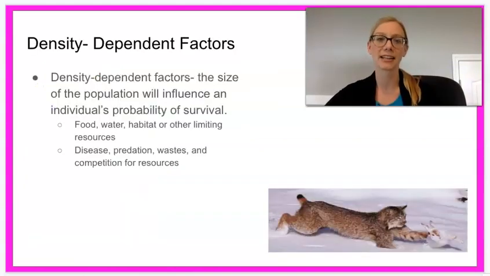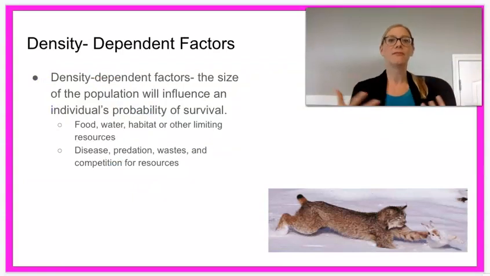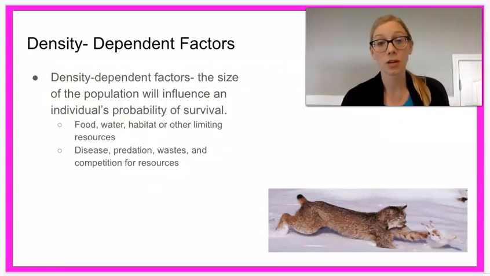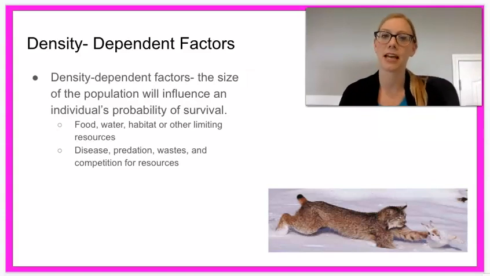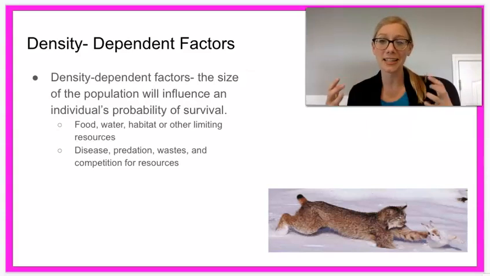So what are some factors that influence population size? We're going to talk about two kinds: density-dependent factors and density-independent factors. So density-dependent factors, the size of the population will influence the individual's probability of survival. What does this mean? Basically it just means that as density grows and gets bigger, it's less likely for all the individuals to survive.